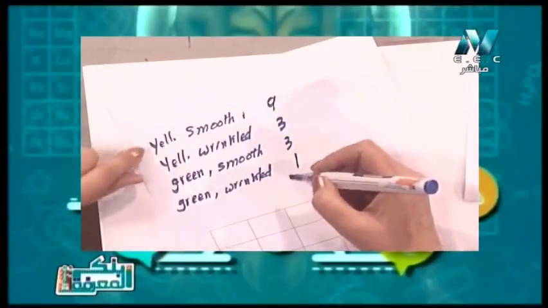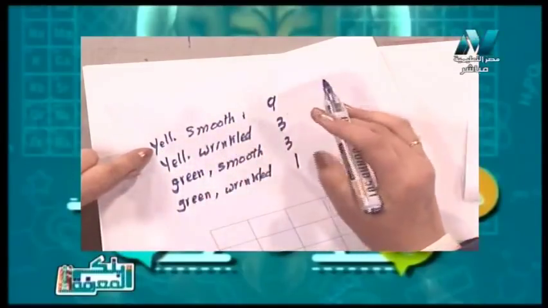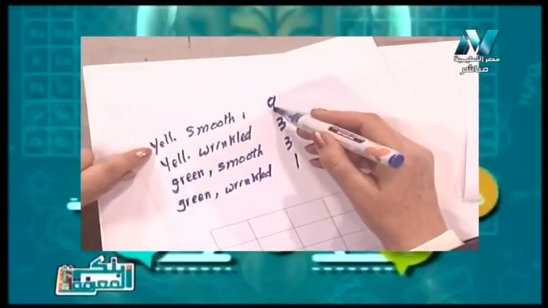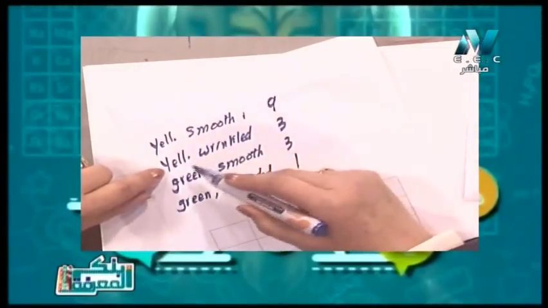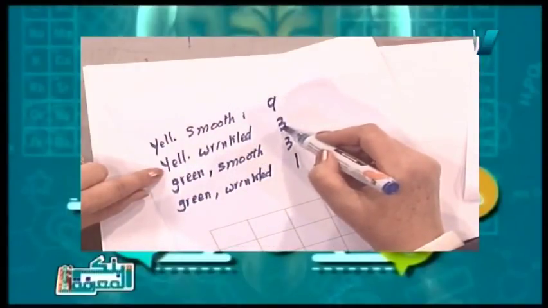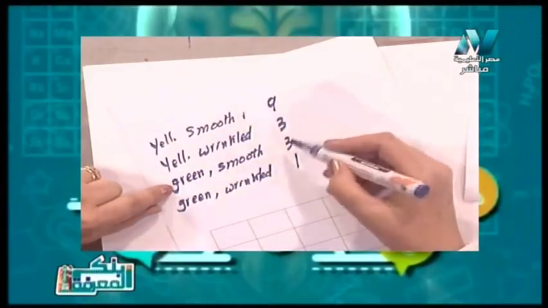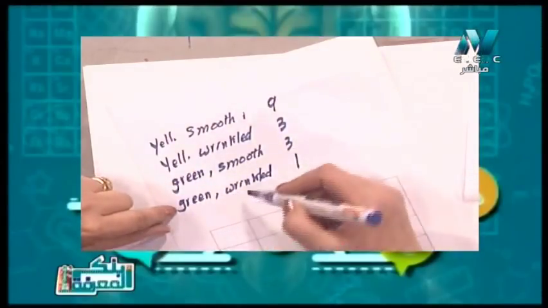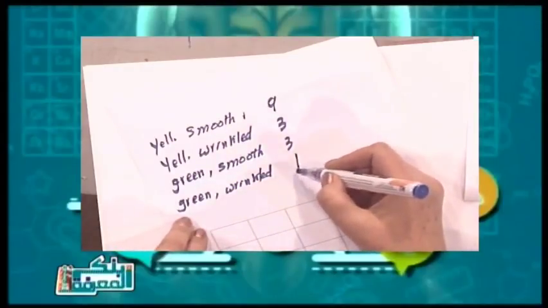As you notice, the yellow and smooth seeds are the dominant characters, and they represent 9 of them. Yellow, dominant, with wrinkled, recessive, they are 3. The green is recessive and smooth is dominant, 3. Both genes are recessive, they are 1.